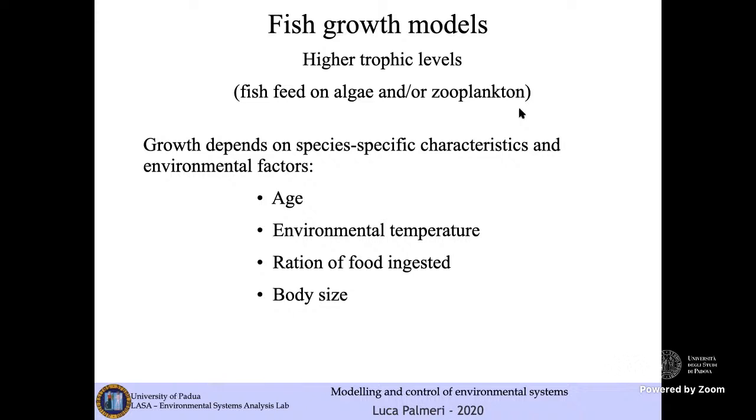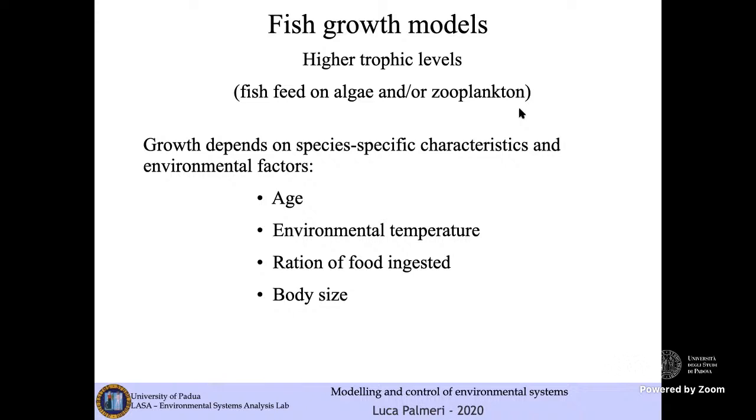In order to build this fish growth model, we shall start by observing that growth depends on species-specific characteristics, but also on environmental factors. These factors are, for example, the age of the fish or environmental conditions like the environmental temperature.